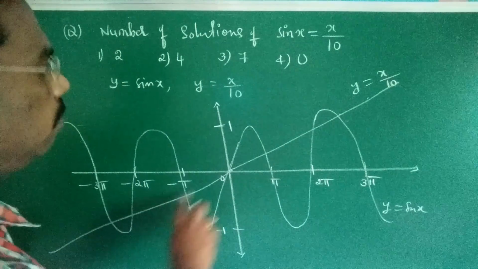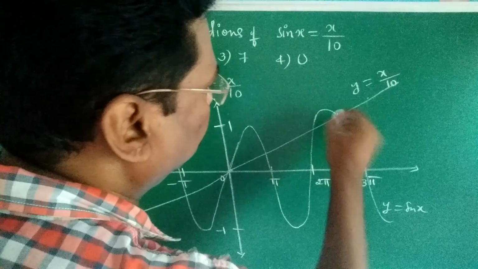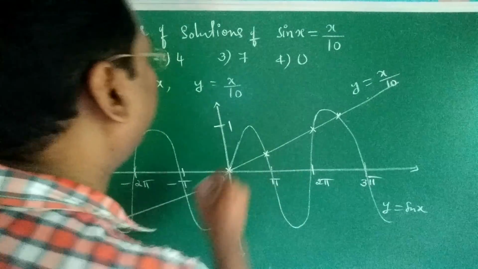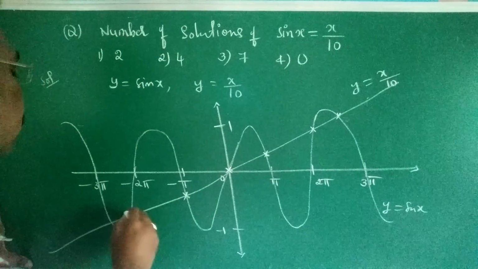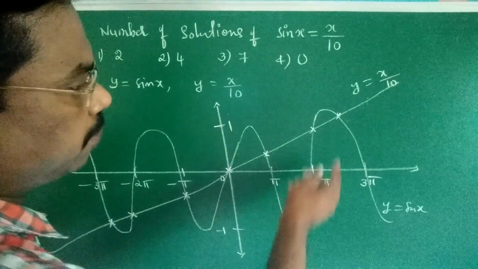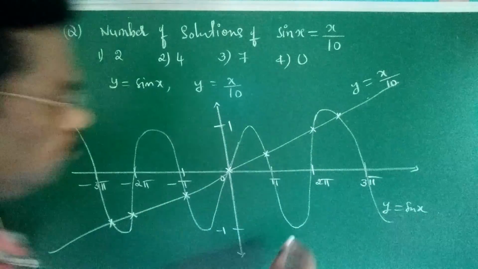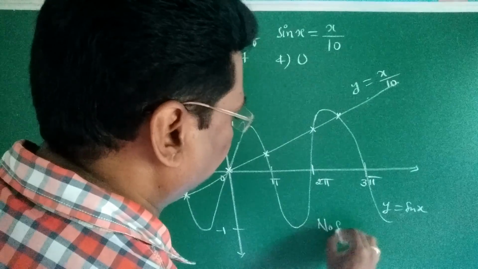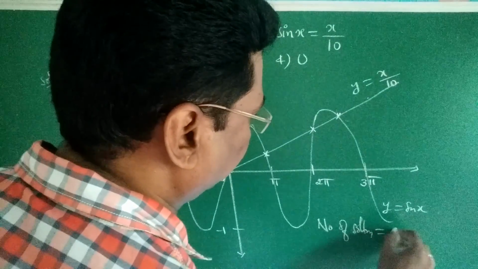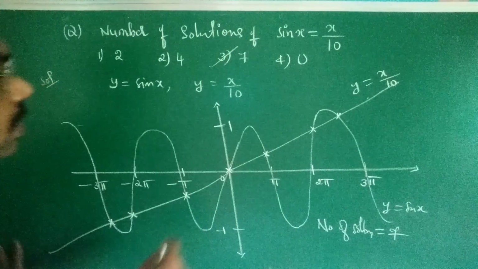Now here, the total number of intersections of the line and the curve: here 1, and here also 2, 3, 4, 5, 6, 7. Therefore, the number of points of intersection is 7. Therefore, the number of solutions is 7. Therefore, option 3 is the correct one.